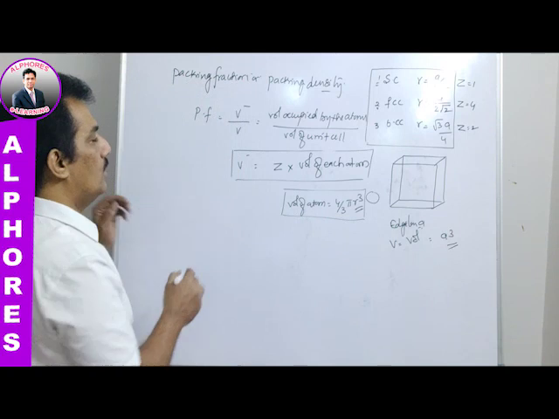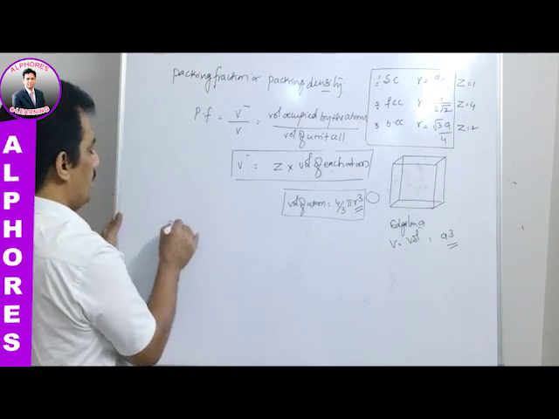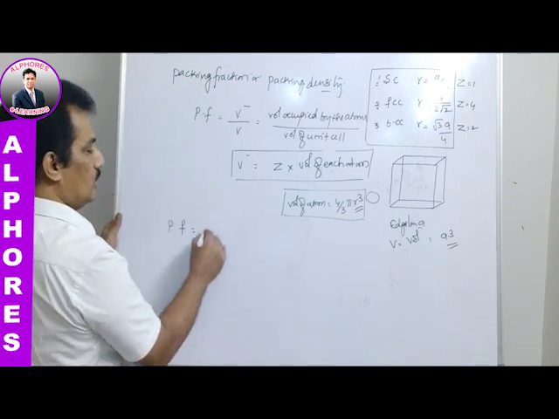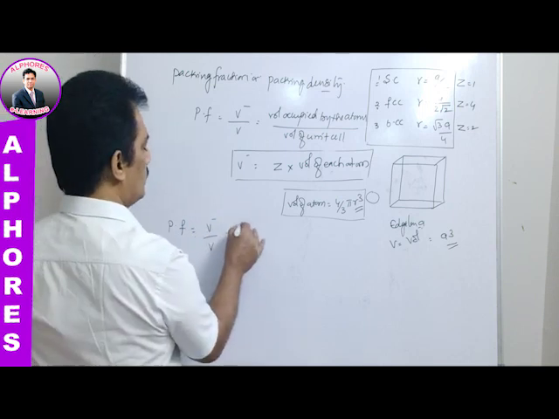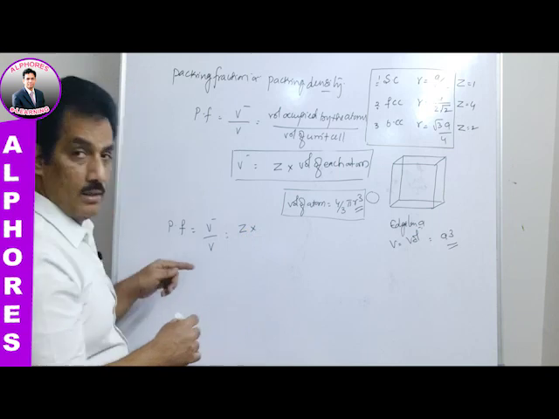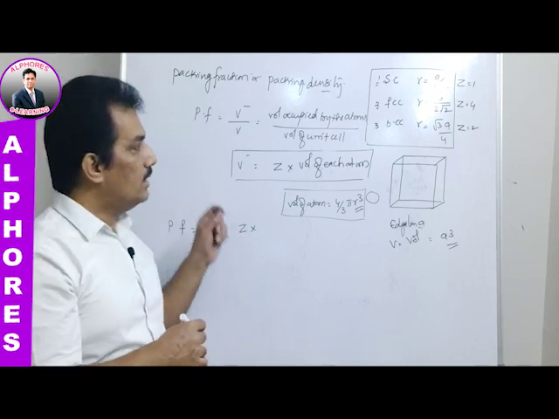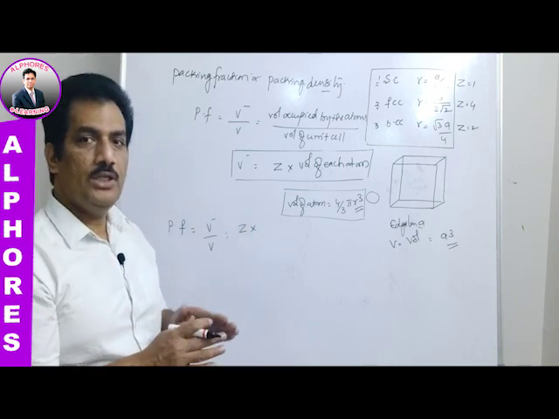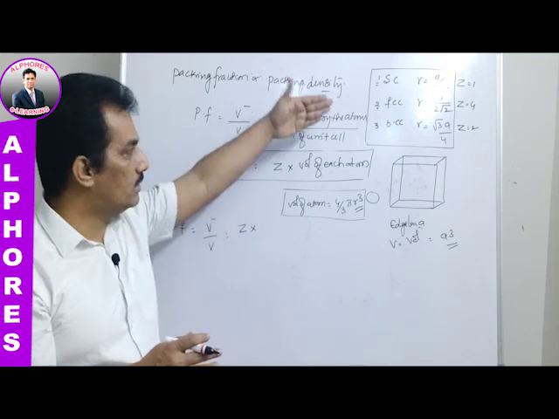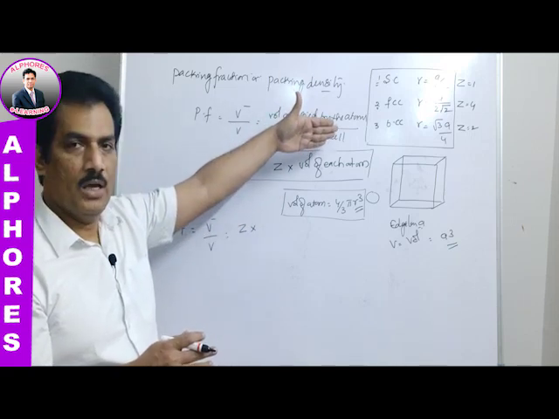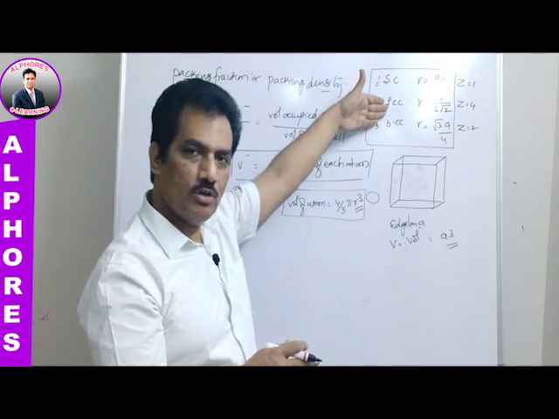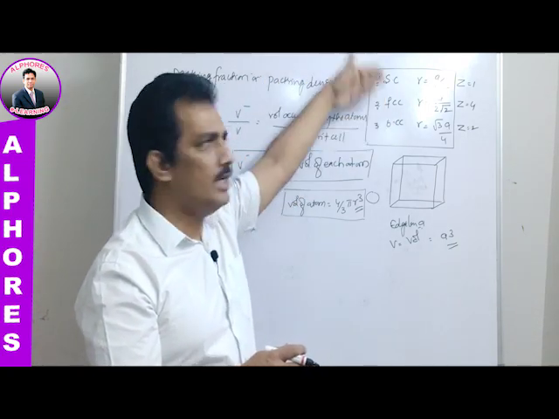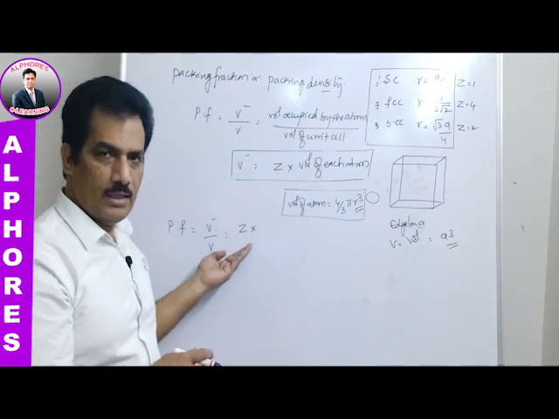Clear? So now we have the formula: packing fraction is equal to V bar by V, which is equal to Z into 4/3 pi r cube by A cube. What is Z? Z is the number of atoms present in the unit cell of the cubic crystal, which may be simple cube, face centered cubic or body centered cubic. Depending on that, we can guess the Z value.